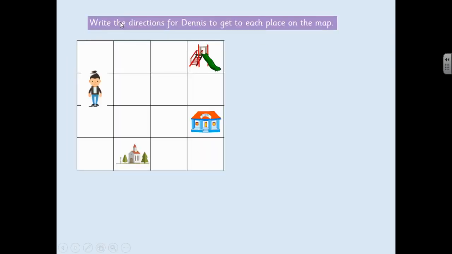What we're going to do today is write the directions for Dennis to get to each place on the map. So there's the slides, the school, and a place of worship. The first place that Dennis is going to go is to the slides. So what he's going to do is make a turn. He's made half a turn clockwise.